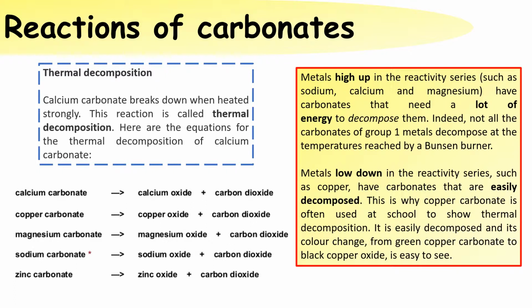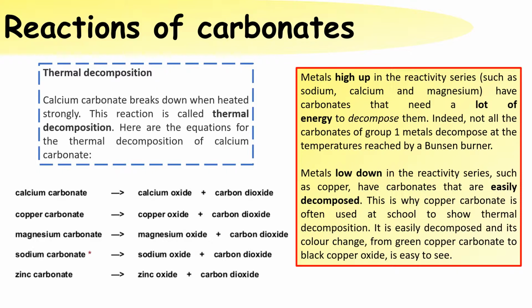Not all carbonates containing group 1 metals decompose at temperatures that can be reached by a Bunsen burner, as the bonds between the metal and the carbonate ion are too strong. Metals low down the reactivity series, such as copper, have carbonates that are easily decomposed.